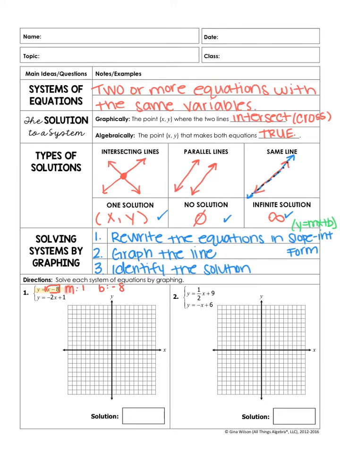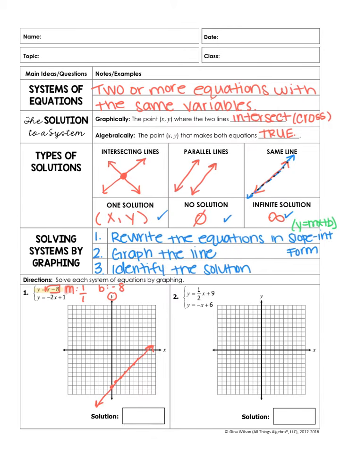So when I graph this, I'm going to start at negative 8 on the y-axis. Count down 1, 2, 3, 4, 5, 6, 7, 8. And from there, I'm going to move my slope, which is up 1 over 1, up 1 over 1. Then go ahead and connect the dots. So that's our first one graphed.